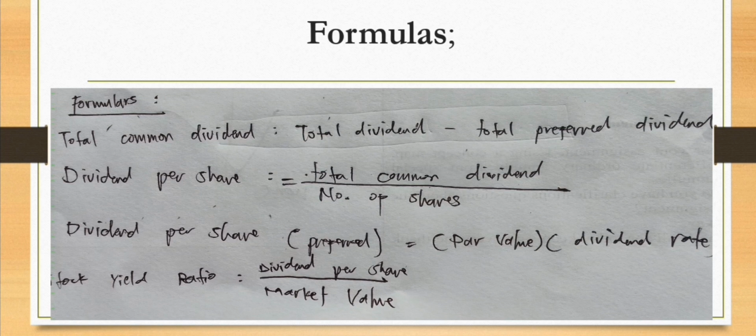Then, to get the dividend per share, let us divide the total common dividend over the total number of shares. Or, to get the dividend per share, we will multiply the par value and the dividend rate. And lastly, to get the stock yield ratio, we will divide the dividend per share by the market value.